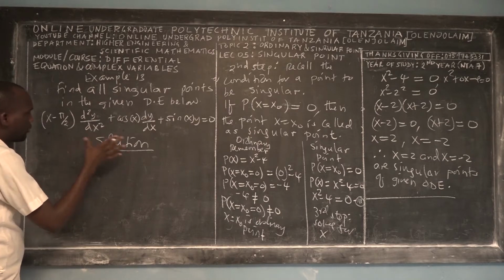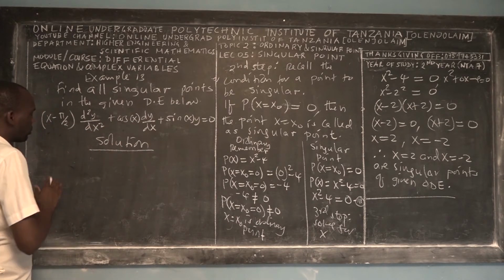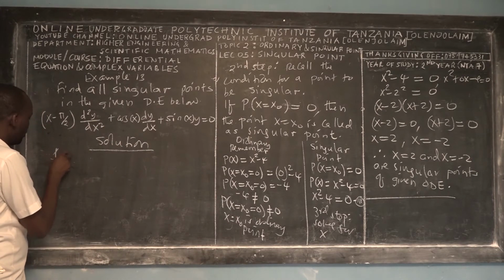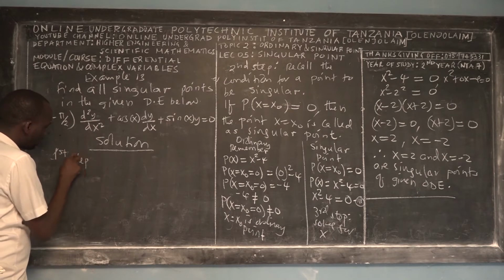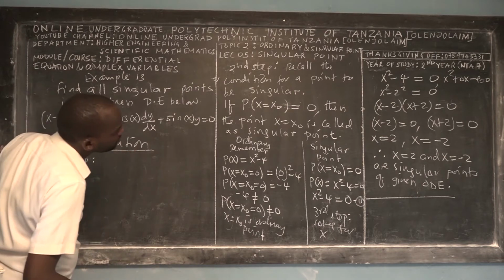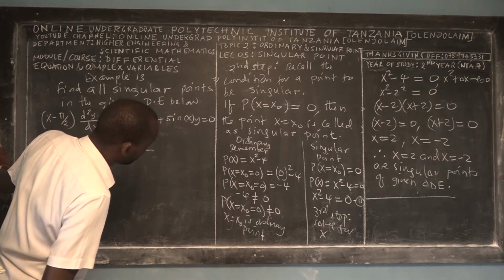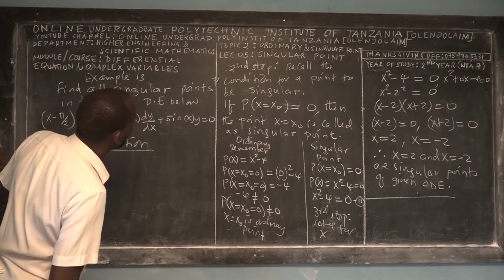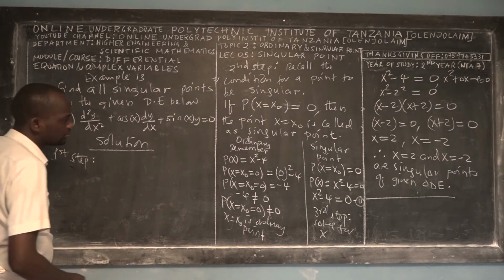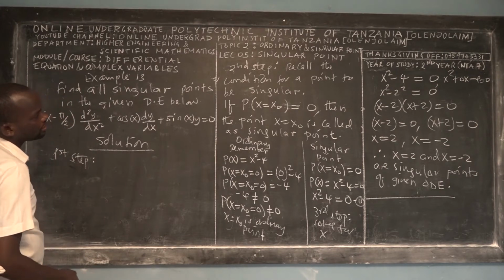We can write it in another form. We have two forms of differential equation that we are using, so we'll be following some steps. Basically we follow 2 to 3 steps, and 2 to 3 steps are enough.